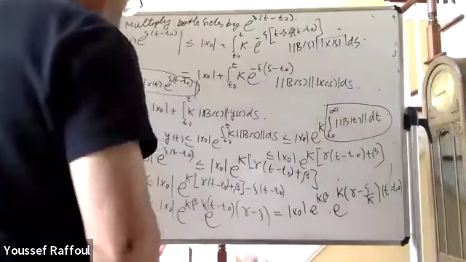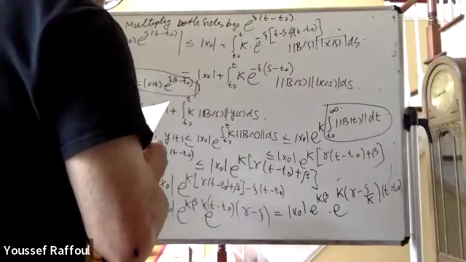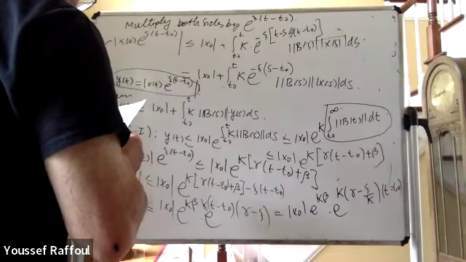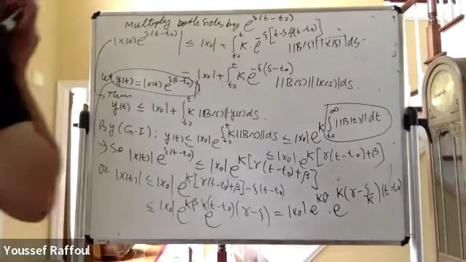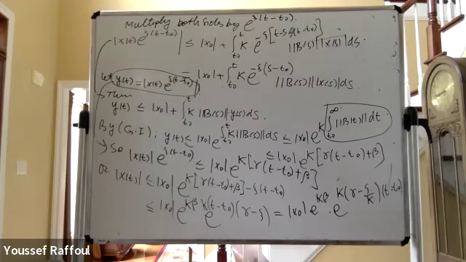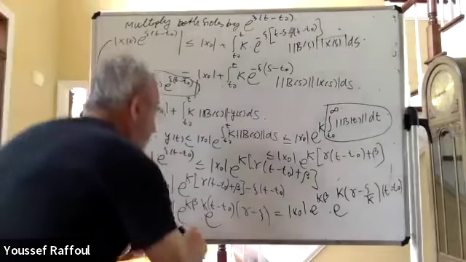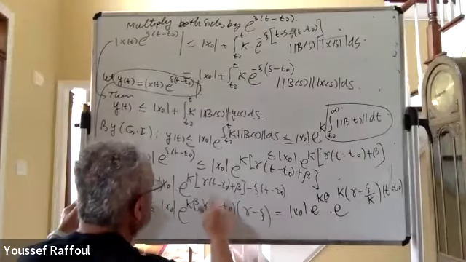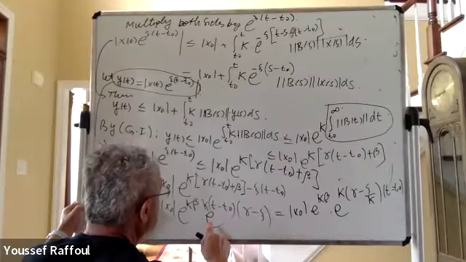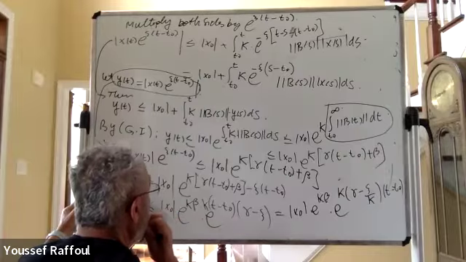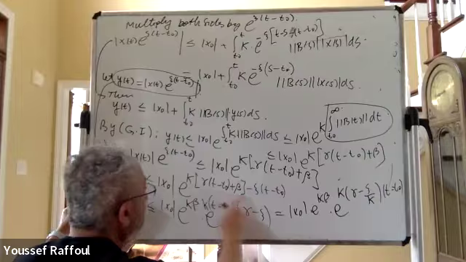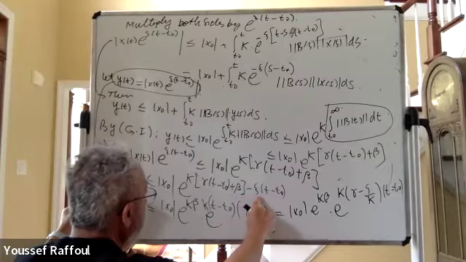Let's see. Here, I have the k in front of the t minus t naught, and it's not in front of the psi.